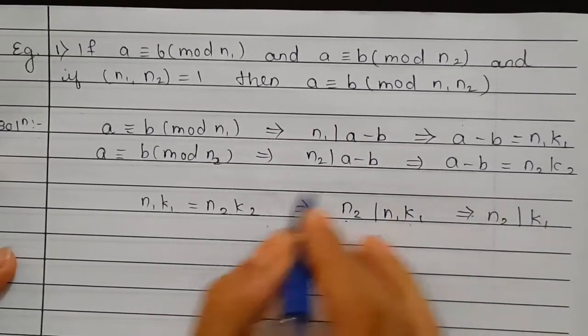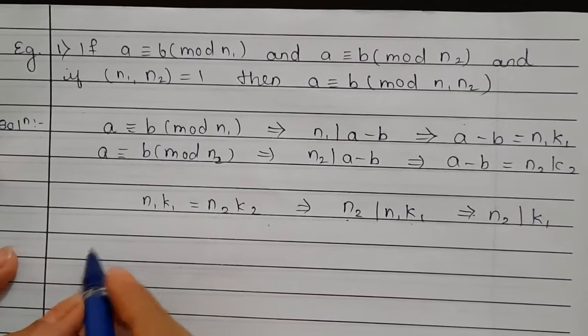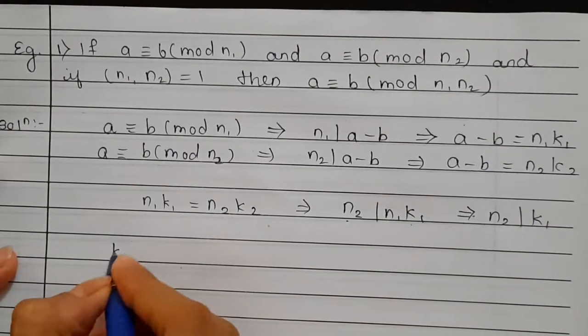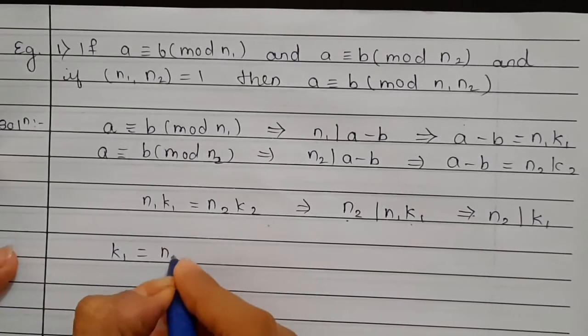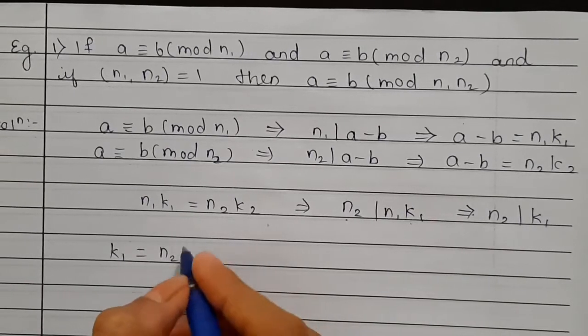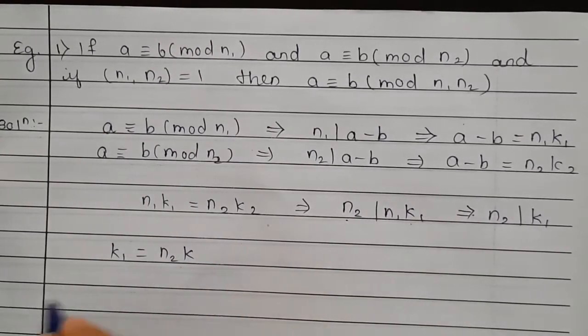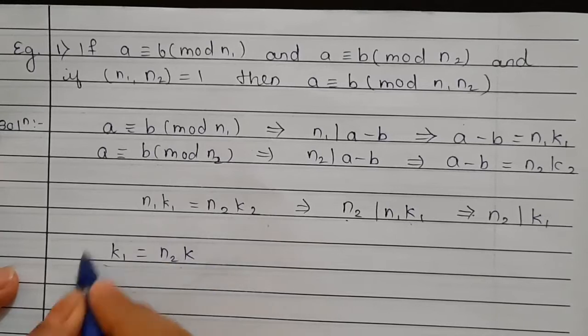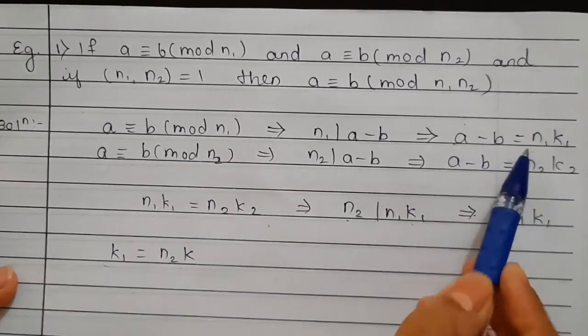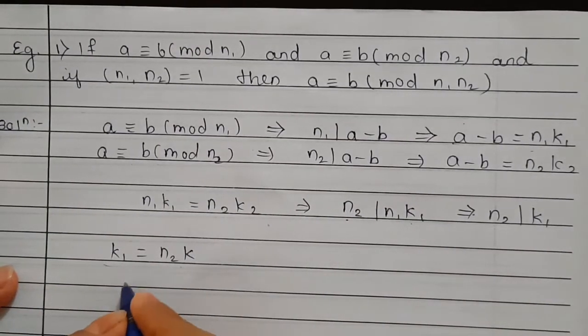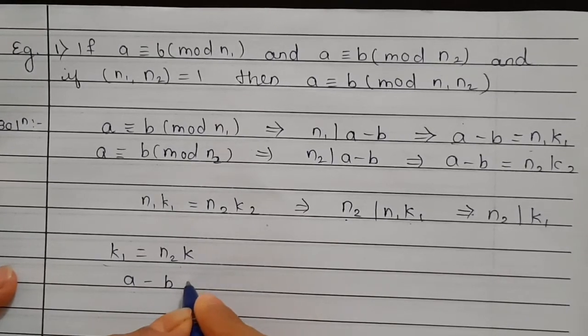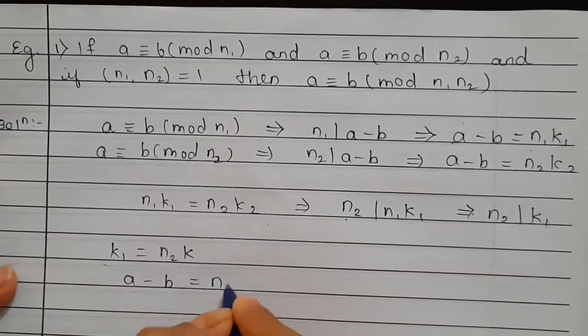Now from this we write k1 is equal to n2 into some integer, suppose we take k. Now this value we substitute in this equation, so we get a minus b is equal to n1 n2 into k.